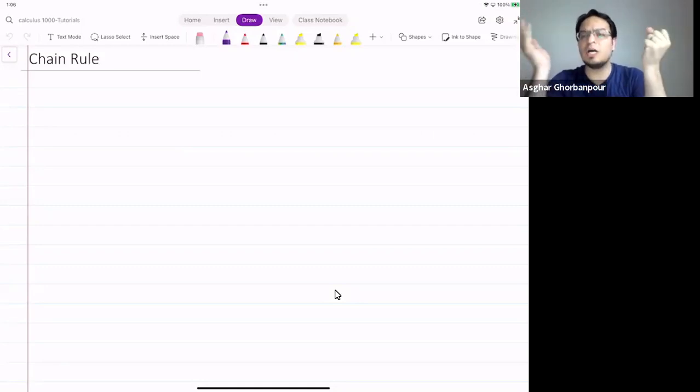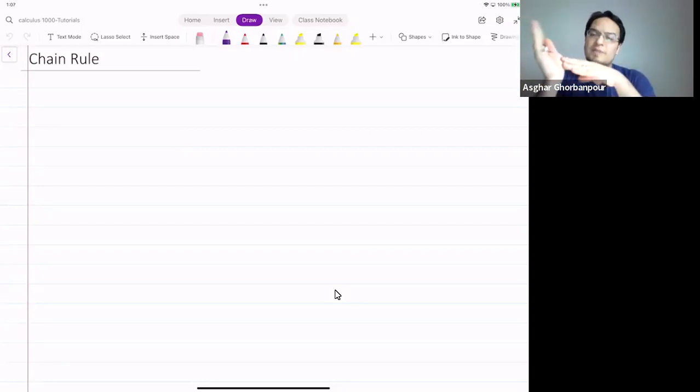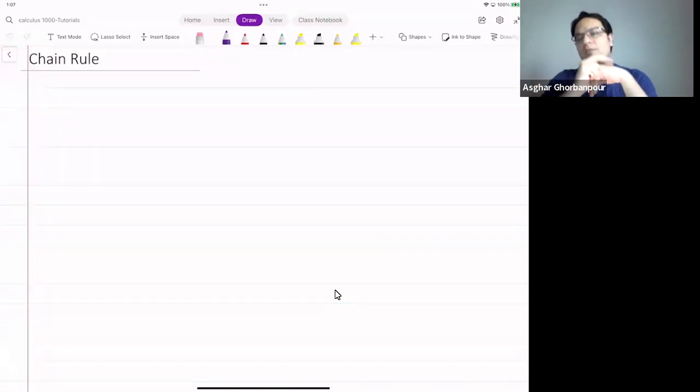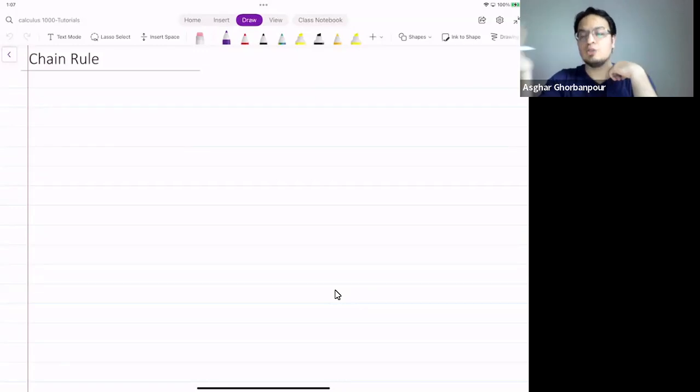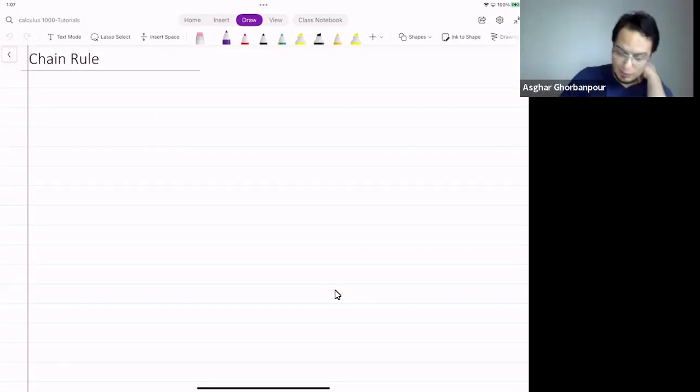These were called combinations. The rules we covered so far tell us how to differentiate combinations of functions. Now, there's another way to generate a new function. It's called composition.